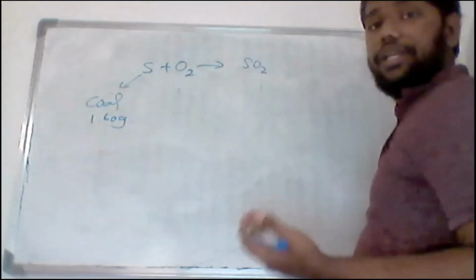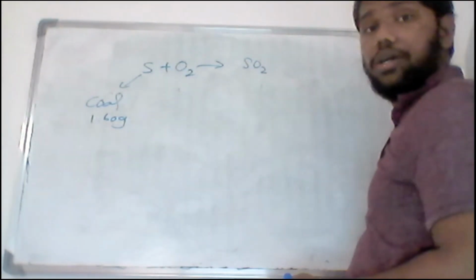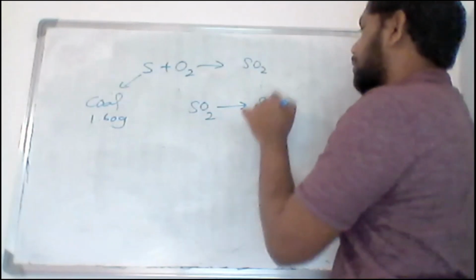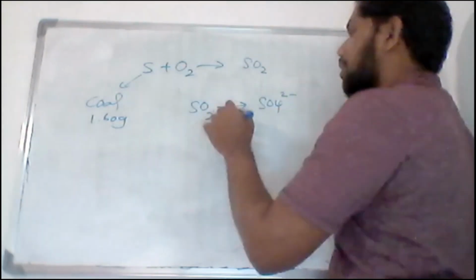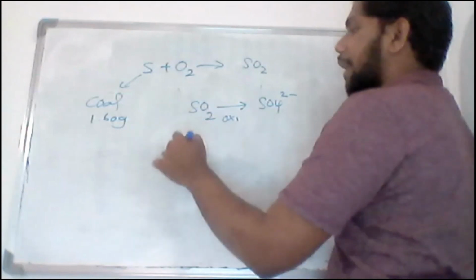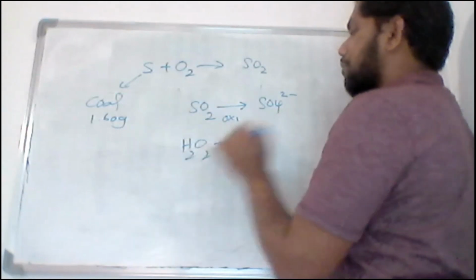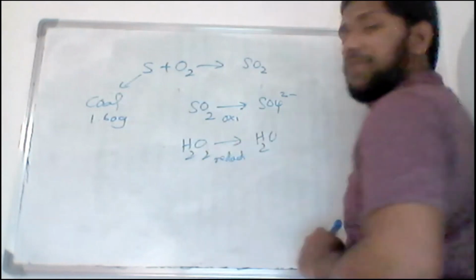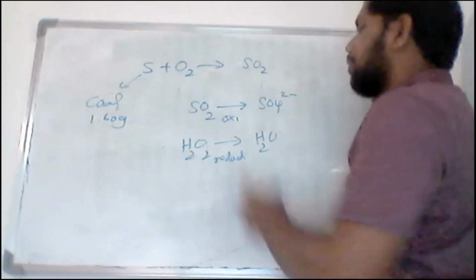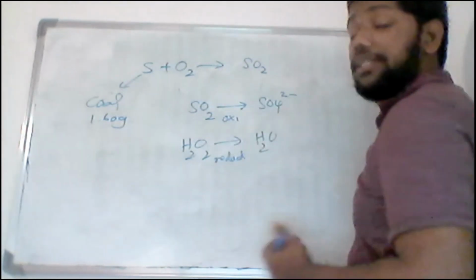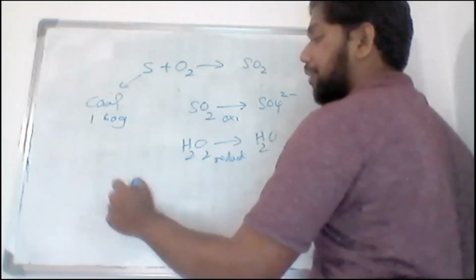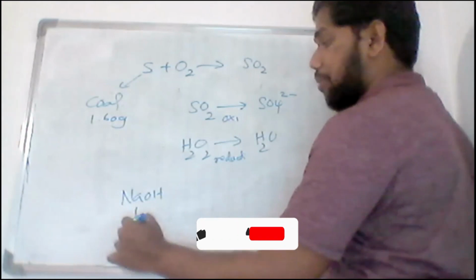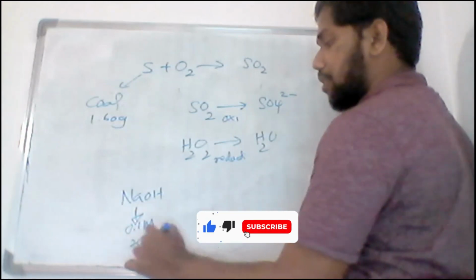SO2 is sent to H2O2. So SO2 will be converted to SO4 2-, which is our oxidation, and H2O2 will be converted to H2O, which is our reduction. When this happens, an acid is formed and it reacts with NaOH. It costs 0.1 M NaOH, 20 cubic centimeters.